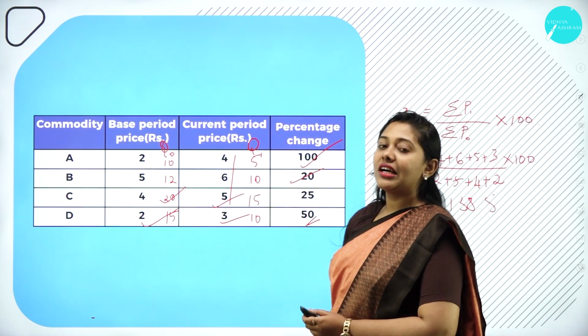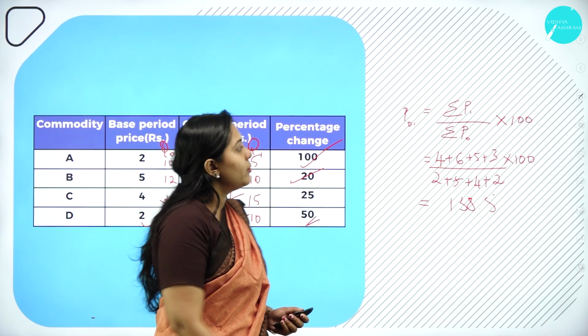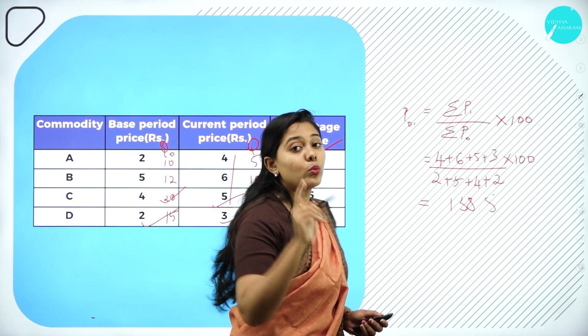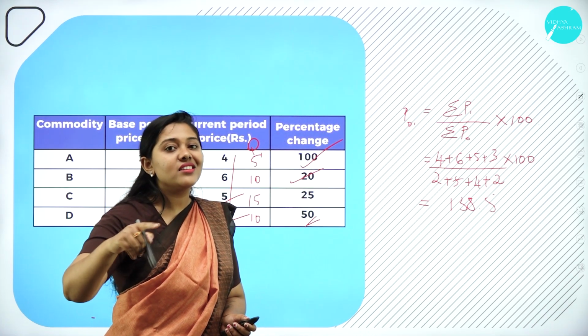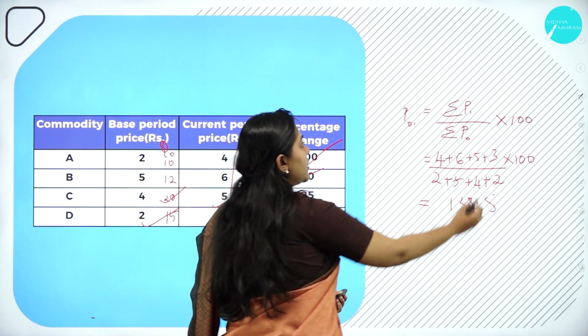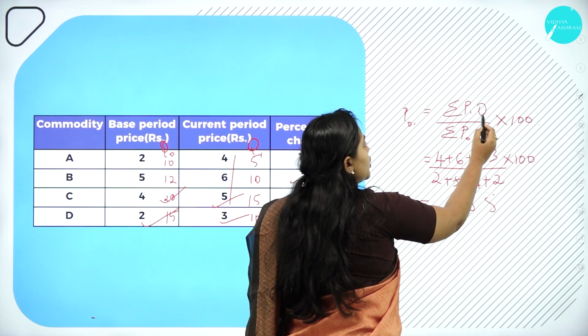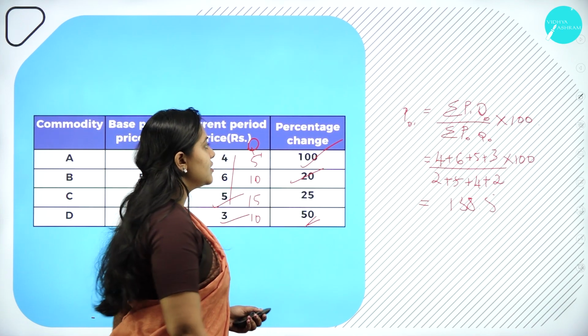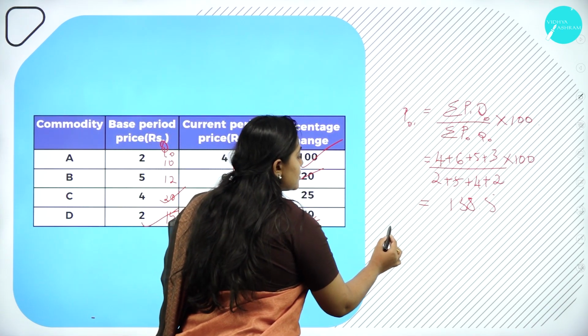The formula will be the same, only we are adding the base period quantity, which will be Q0. The only thing we are adding is the quantity. So let us start.